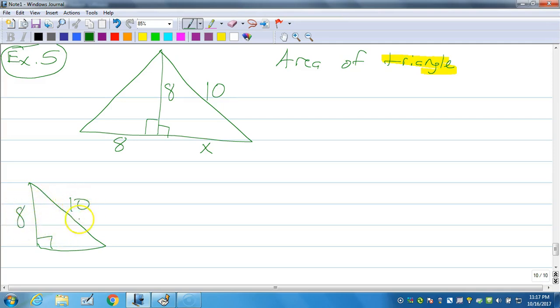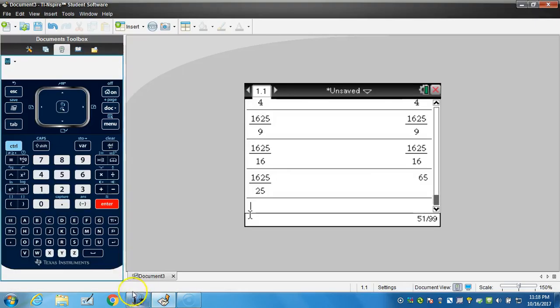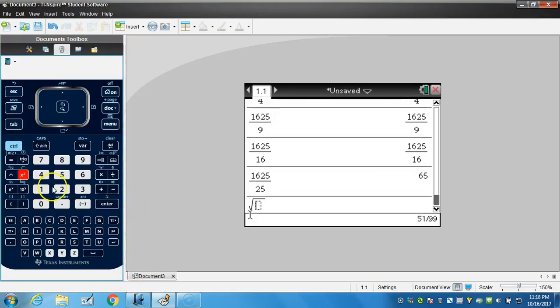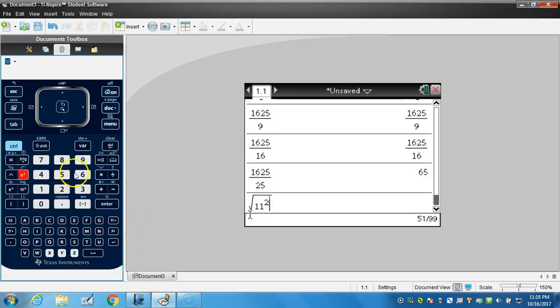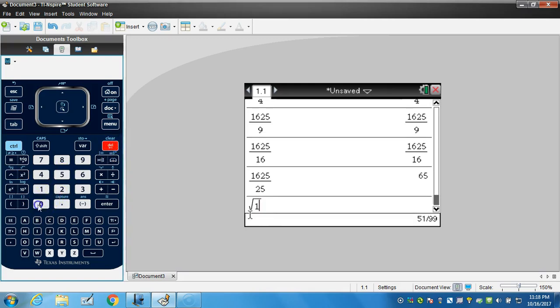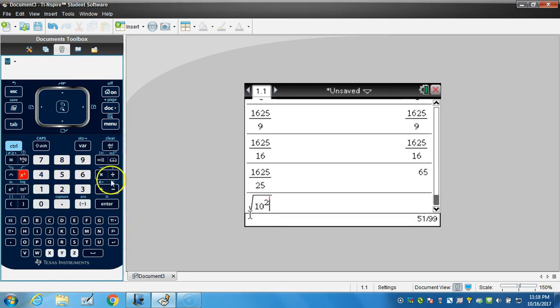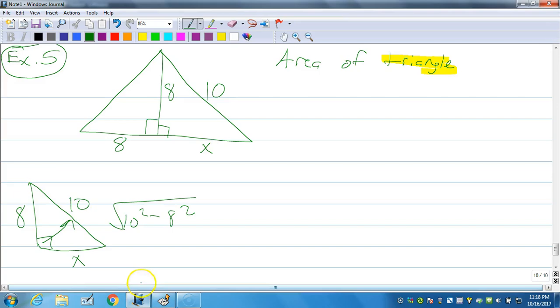That's 8. That's 10. And this is x. Do you have the c? Yes. When you have the c, what do you do? Subtract. 10 squared minus 8 squared. Take the square root. Square root of 10 squared minus 8 squared is 6.